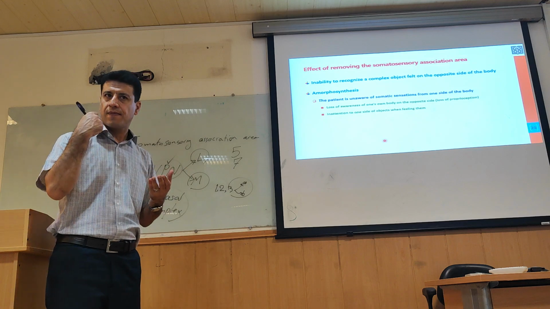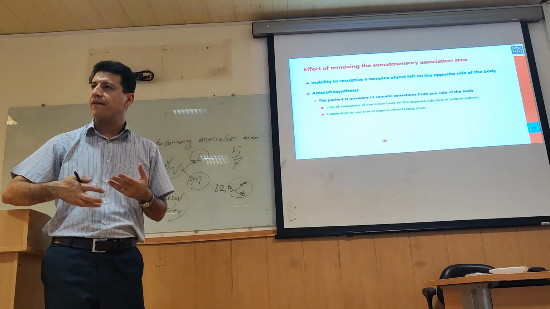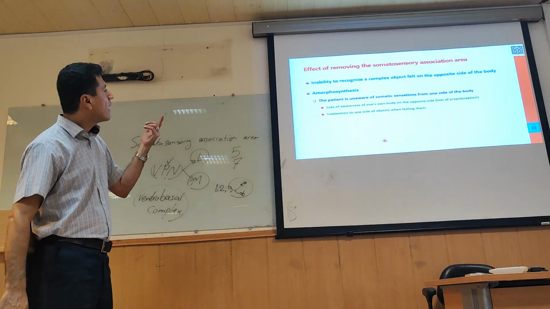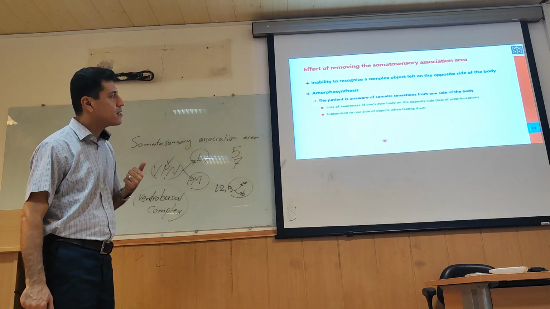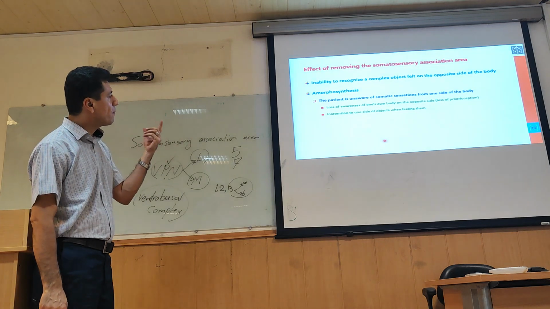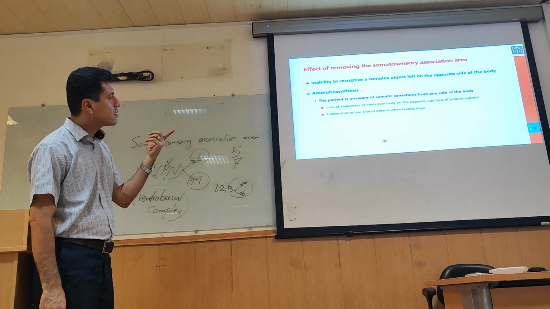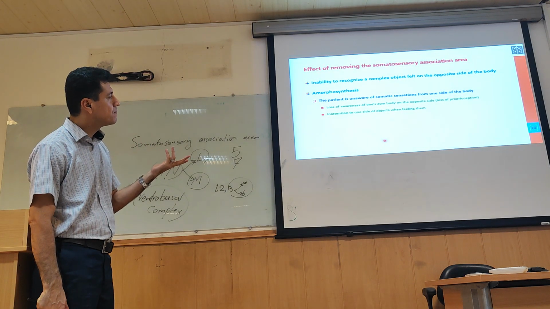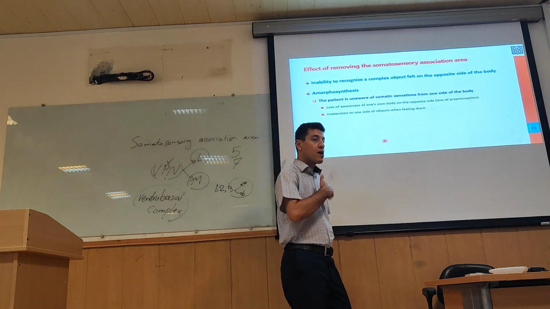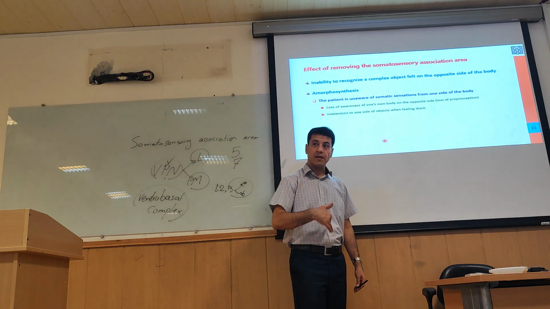Like what happens after removal of S1, right? Another condition is amorphosynthesis, which is a symptom. The patient is unaware of somatic sensation from one side of the body. The patient is not aware of its own body on the opposite side.